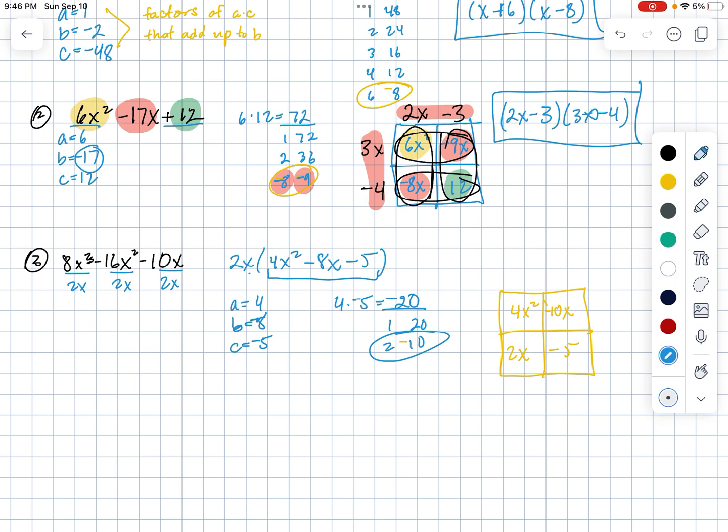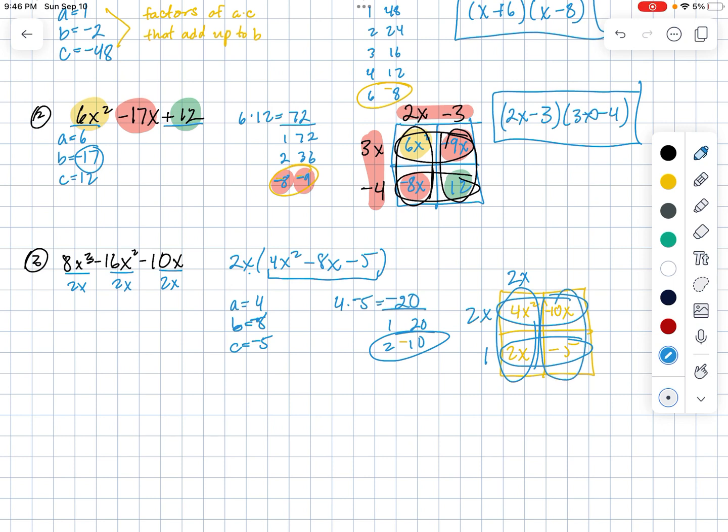And now we're just looking for the greatest common factor in each row and in each column. In the bottom row, there is no common factor between 2x and negative 5, so it's just 1. In the top row, I see 4x squared and negative 10x, so they both have an x, and they both can be divided by 2. In the left column, the greatest common factor is 2x.